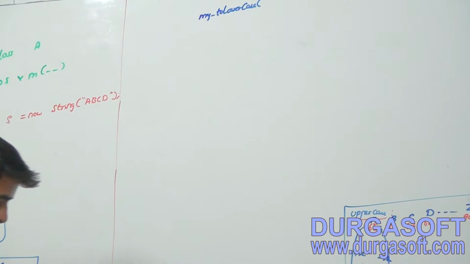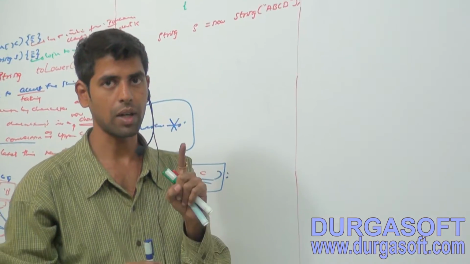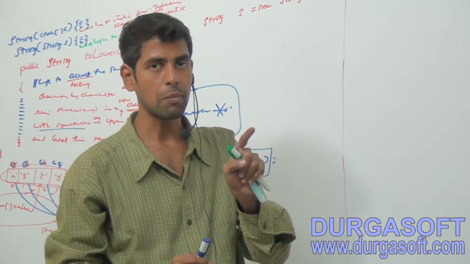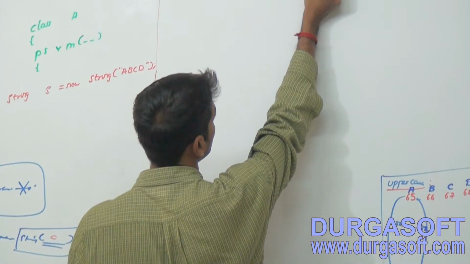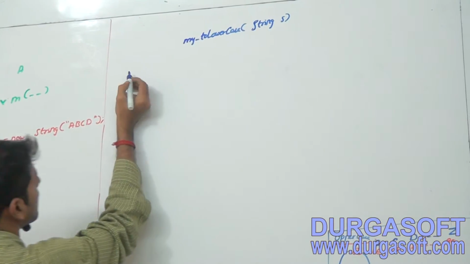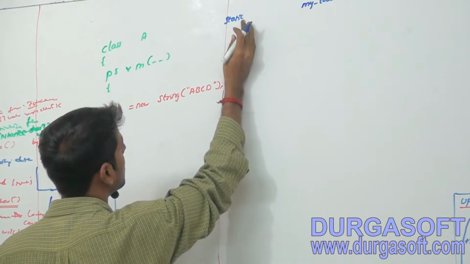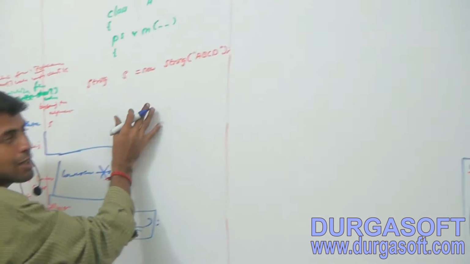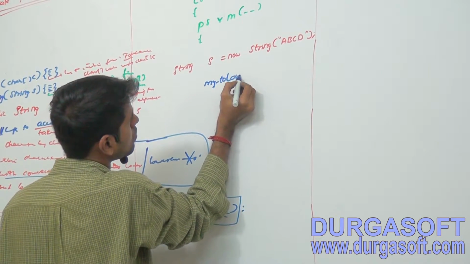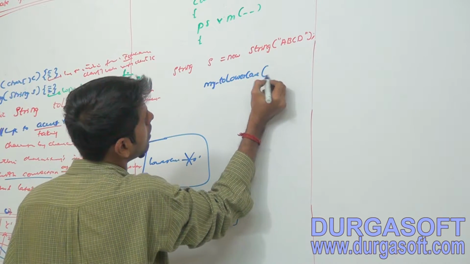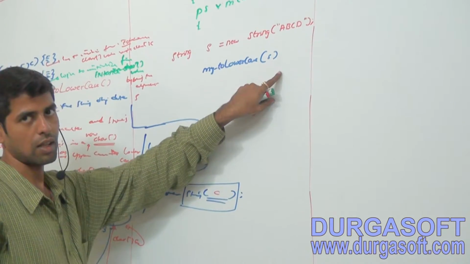I am going to take one argument here, having type as String, let it be String s. Let this method be static. Why? Because I want to access that method like this: myToLowerCase of s.